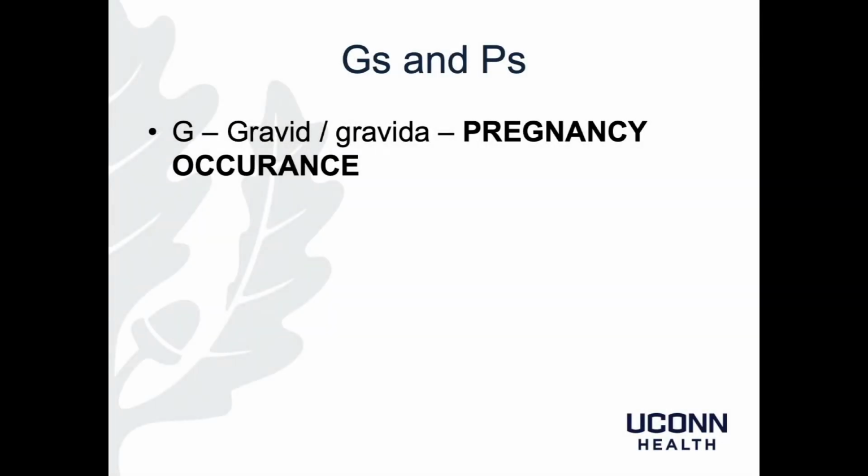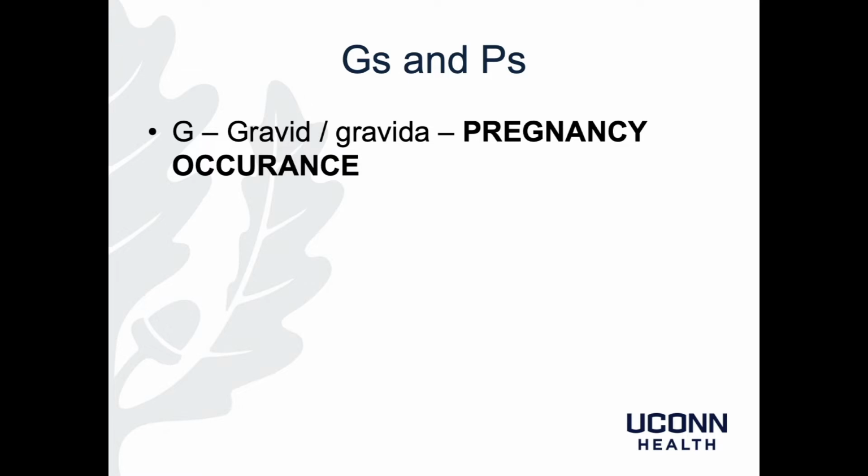Now, G can mean either gravid or gravida. And the way I like to think about this is that this is a pregnancy occurrence. Very importantly, women can only be pregnant one pregnancy at a time.